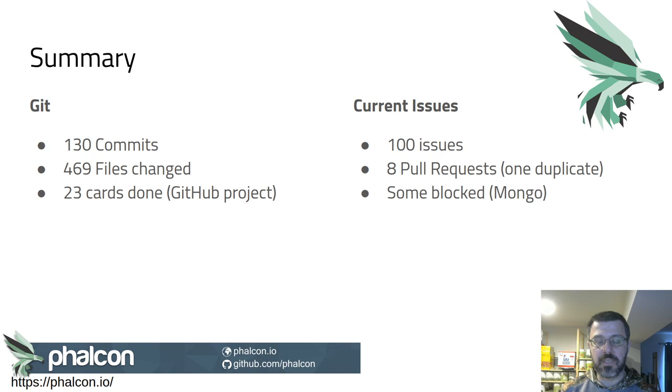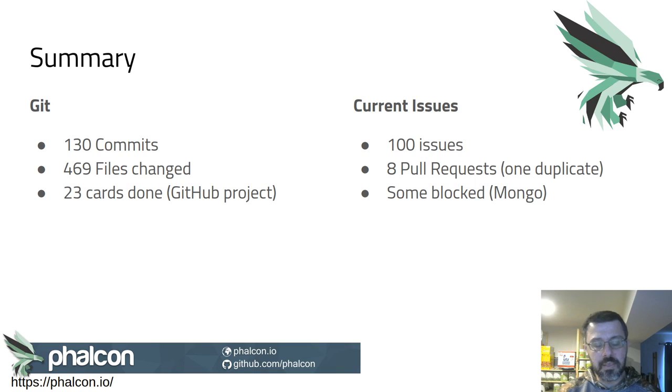The cards that we did on the project could very well come from DevTools, Invo, Oculo, or our other repositories, Incubator, and so on and so forth. So it wasn't only Cphalcon, it's 23 cards or issues done throughout the whole organization.